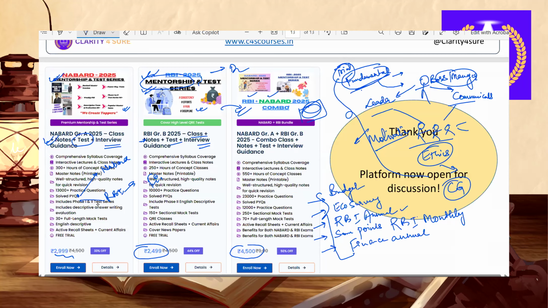The first is finance related schemes, plus social issues of the weaker sections, plus certain climate related schemes. This is the majority of what RBI asks. But in NABARD you have more variety of questions related to other ministries, like the travel ministry and the MSME ministry. So it is more holistic coverage, but in RBI the coverage of schemes is a little less. You need a focused approach for RBI.